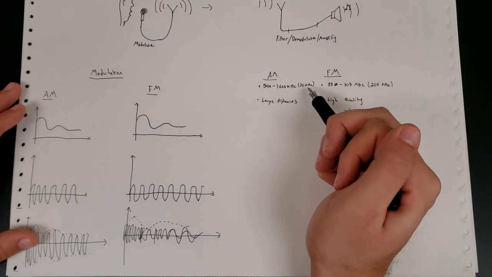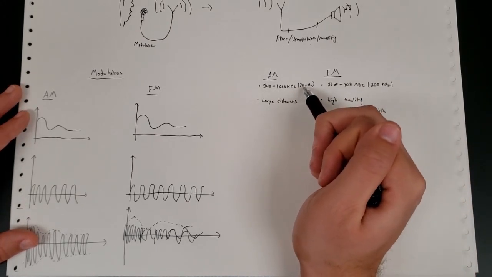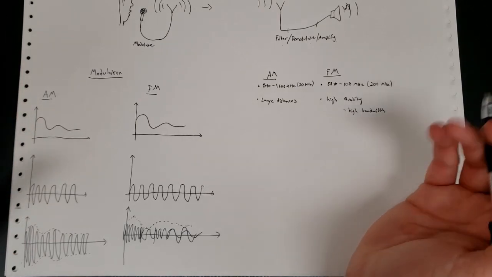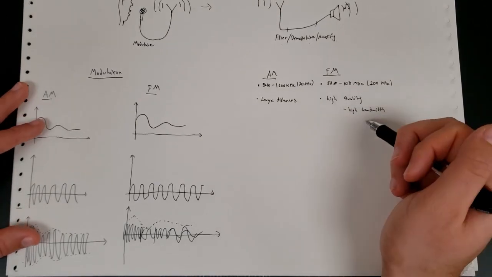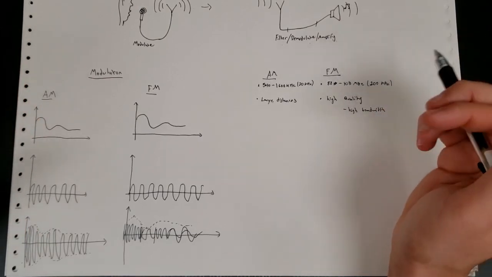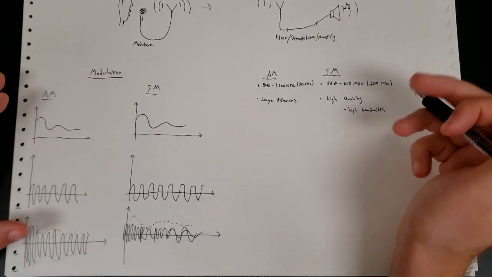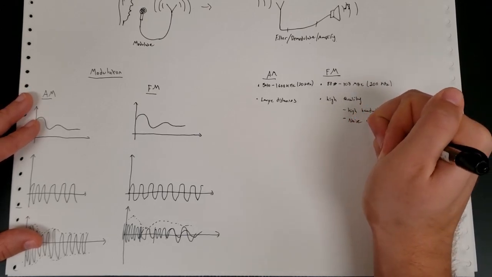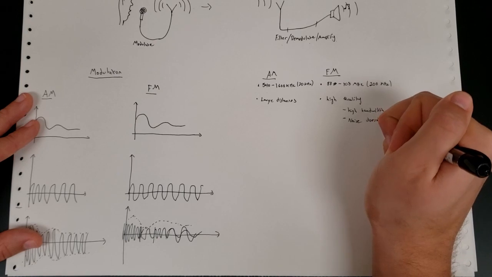So you wouldn't want to have two AM stations that are closer than this number here, or else you wouldn't be able to resolve the station. So yeah, this higher bandwidth means we're able to separate the stations out more, and you get less interference between the stations. You also have the fact that noise doesn't impact an FM signal.